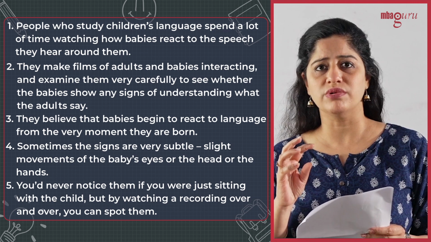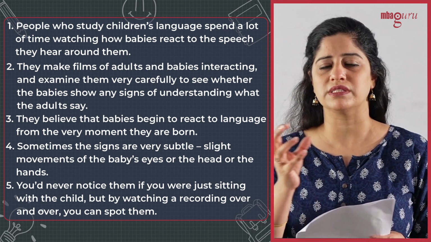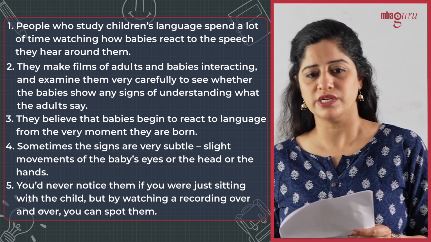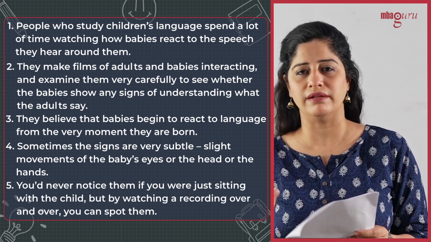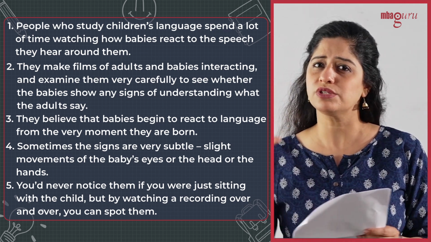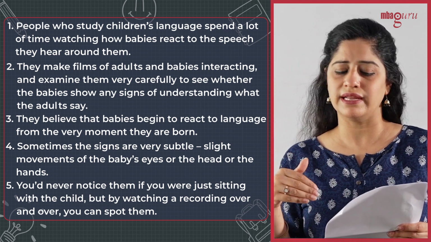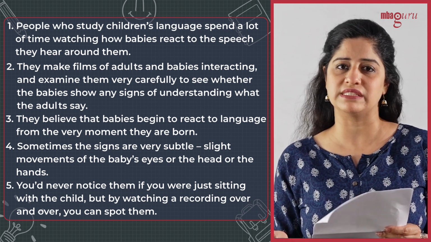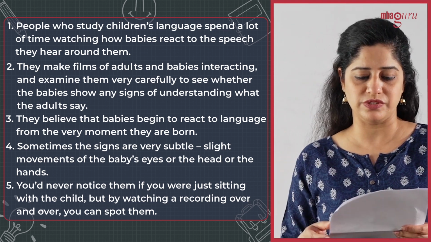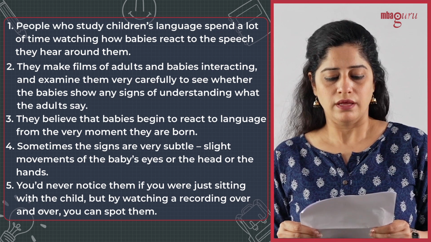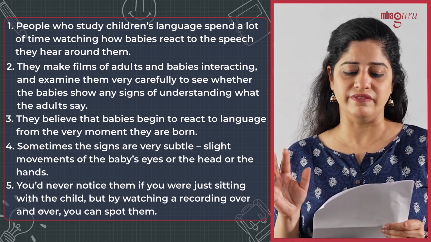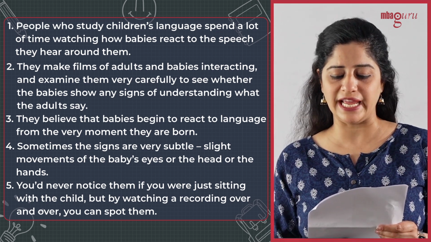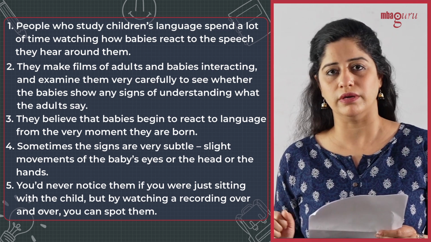So sentence 2 is well aligned with sentence 1 because there are people who are studying children's language. What are they doing? They are filming adults and babies interacting, and they're also trying to record and see some reaction that babies give, whether they understand language or not. Sentence 3 says they believe that babies begin to react to language from the very moment they are born.